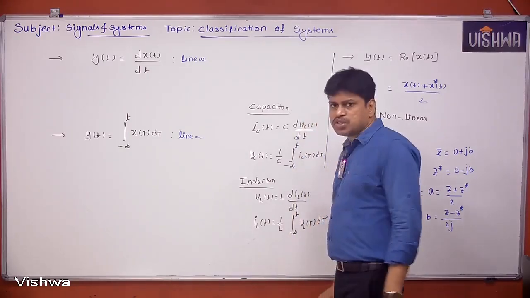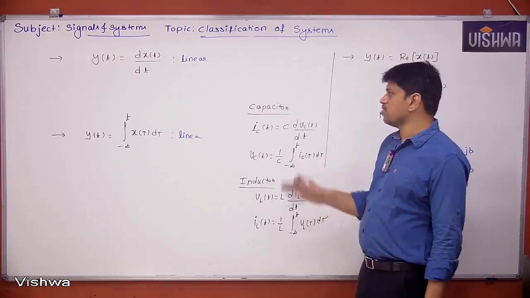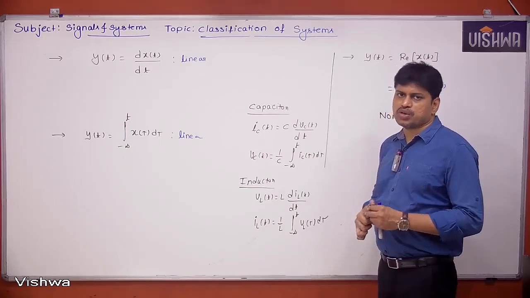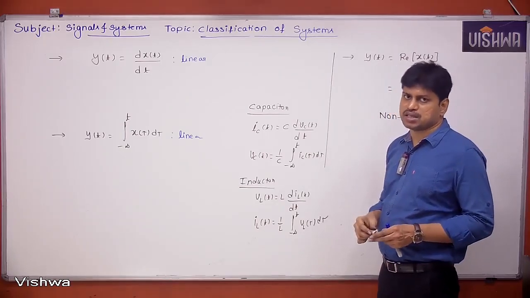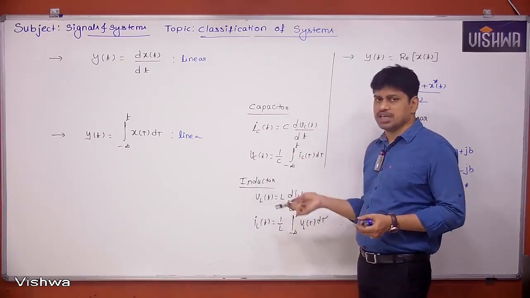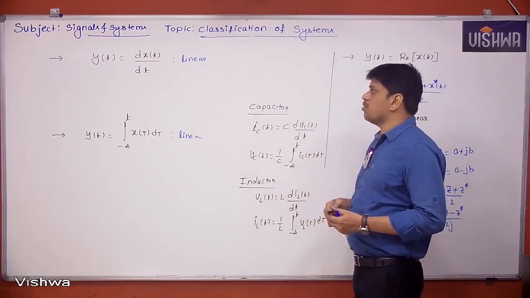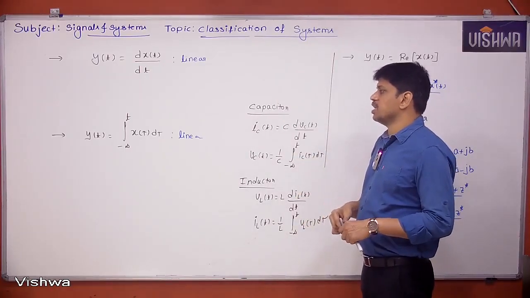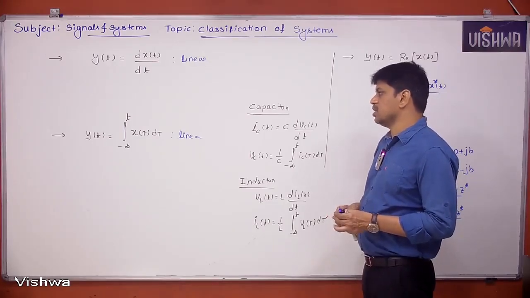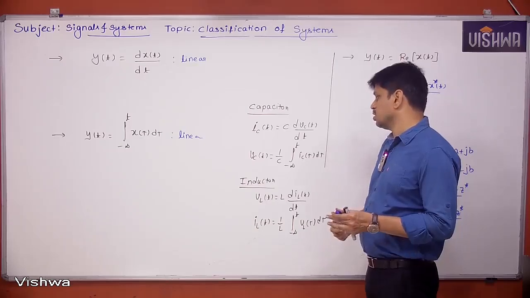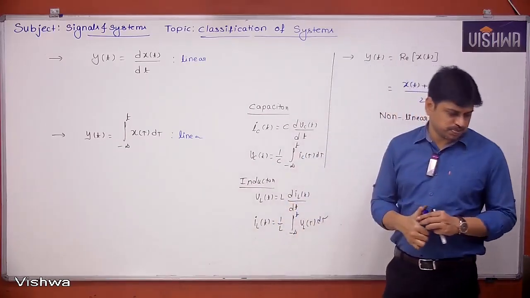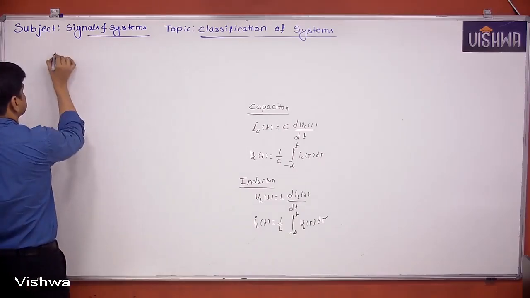So whenever you see an integration or a differentiation, think like capacitor and inductor. We know that ideal capacitor and ideal inductor are linear elements, so the relation between them is a linear relation. So y of t is equal to dx of t by dt and y of t is equal to integral from minus infinity to t of x of tau d tau are linear. Okay. Take it.